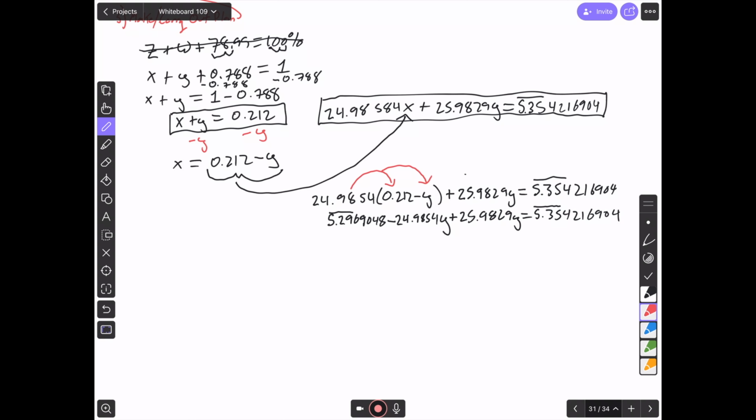Now that I have that, I can subtract away 5.2969048 from both sides. All right? So I'm going to do that.